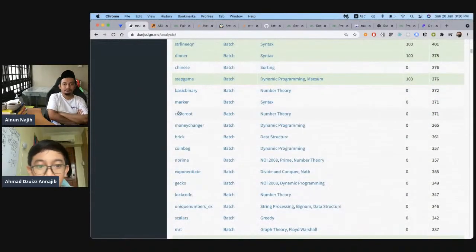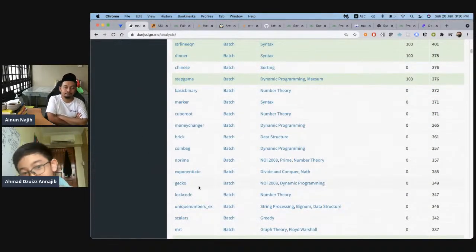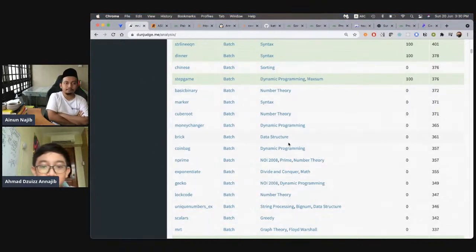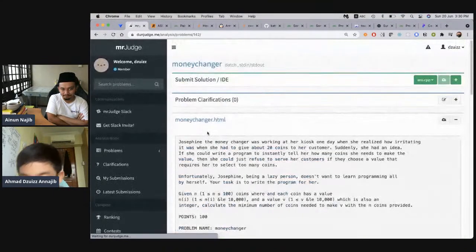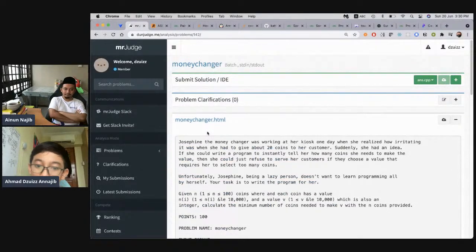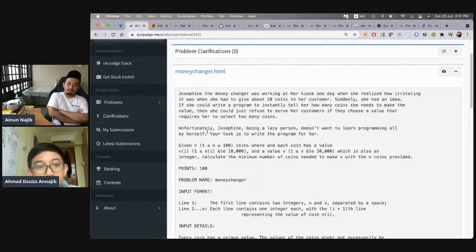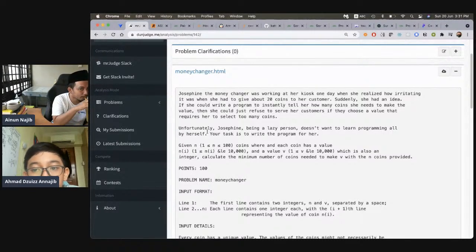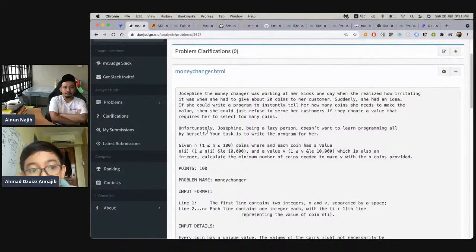Next, Money Changer. Okay, another dynamic programming. Money Changer. When she realized how many coins she had to give, about 20 coins to a customer, she could just refuse, because that requires her to select too many coins.